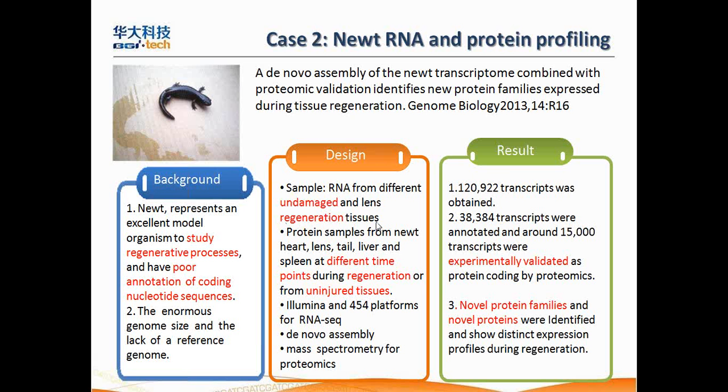And this is how they collected the sample for the RNA project. For the sequencing platform, they used the NGS 454 platform, and they also used some protein samples and the MS-based technology for proteomics.